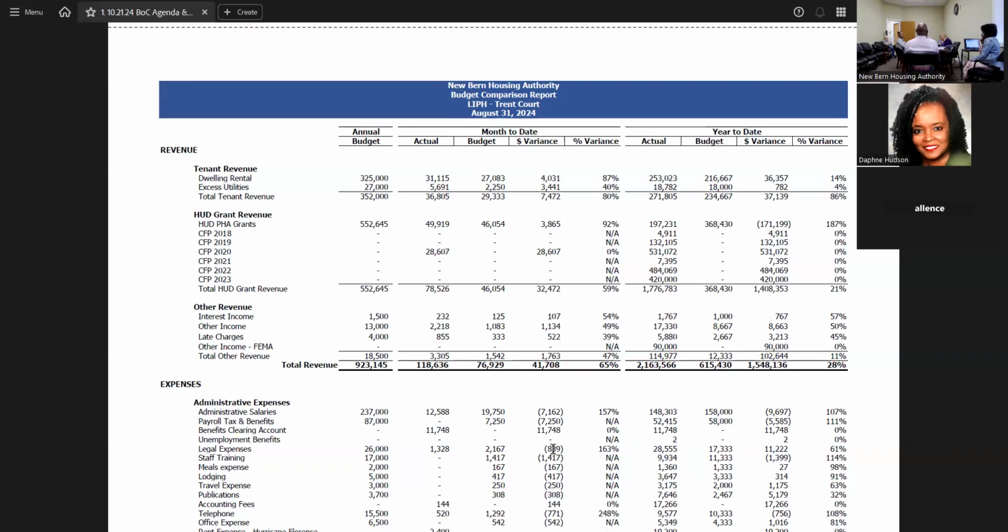And then as you all know, just to share, because of the size of our agency, our capital funds are basically operating offsets. Where you have an operating deficit in your normal operating budget, your capital funds is an operating account because we're 250 units or below.